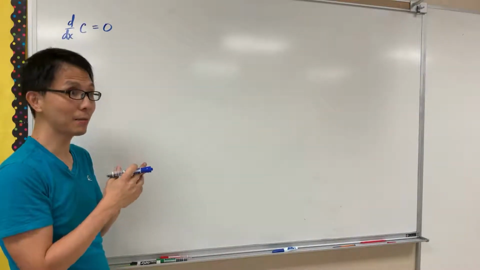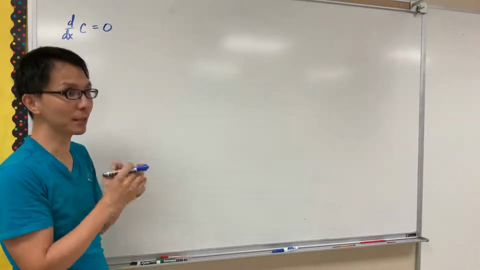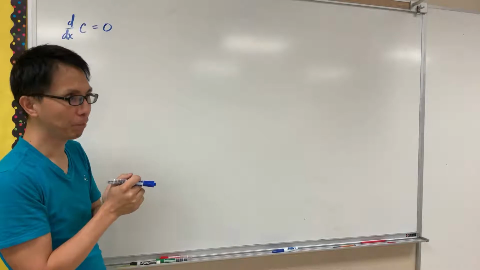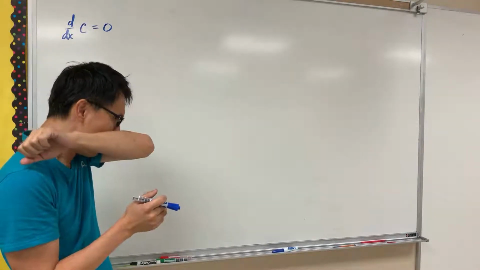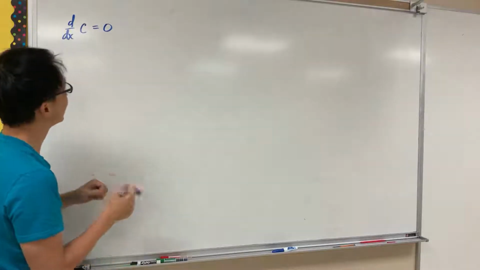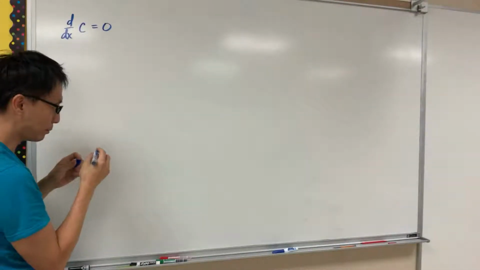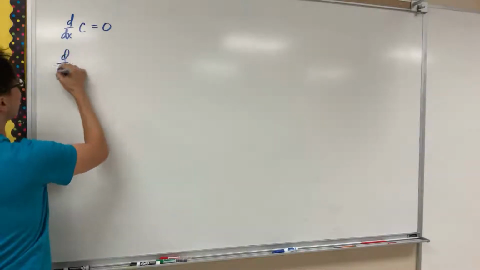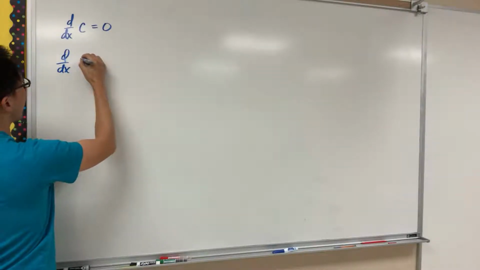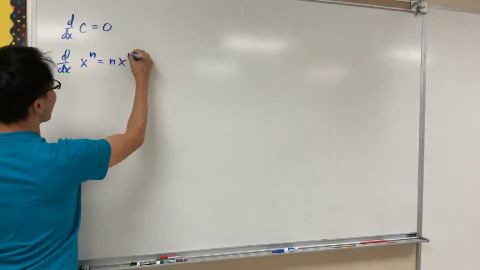Pi is a constant. So in this case, any number is a constant. So this is d/dx of x to the n is equal to n x to the n minus 1.